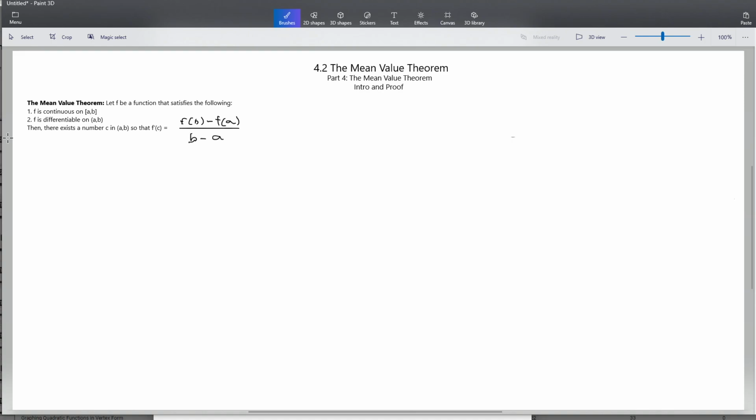Okay, so what does that mean in terms of the graph? Let's go ahead and look at a graph. Let's have our A value be right here, and we'll have our B value be here. Now unlike Rolle's theorem, it's okay that these are not equal in value.